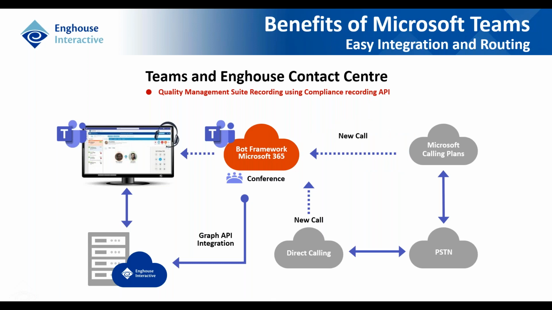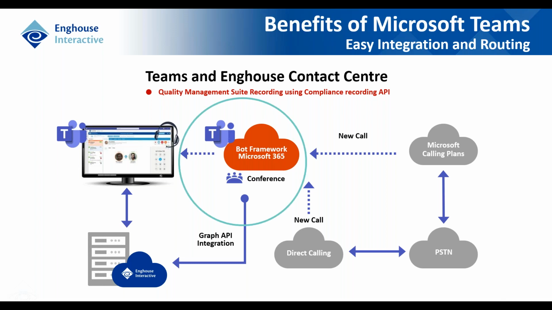This very simple diagram shows Microsoft Azure Bot Framework, where the Teams native PBX implements queuing, announcements, and call control. There's no SBC or direct routing required, but it can be used if needed, and Microsoft calling plans are supported.